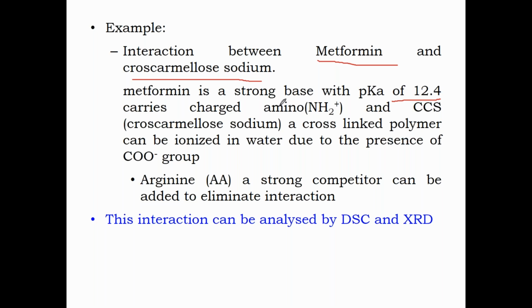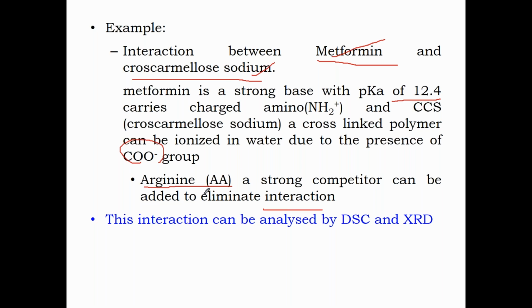So what they noticed was that the metformin was interacting with the CCS, just an example of complex formation. That is because of the presence of this charge group. That's what I'm trying to stress. But what they modified was, to avoid that interaction happening, they added one more component, arginine, a competitor, to eliminate the interaction between the metformin and the croscarmellose sodium.